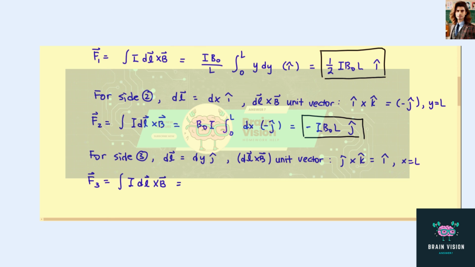Pull out the constants I B naught over L, and then integrate y dy. Now it goes from L to 0, because it's going down. If you integrate, you get minus half I B naught L i hat. So this is F3.